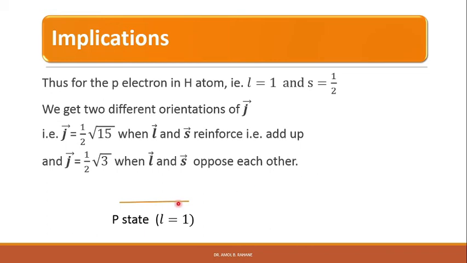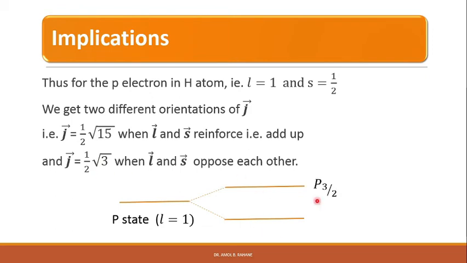So let us consider this is the p state, L is equal to 1, and now we are getting two different orientations of the J vector. These two orientations correspond to two different energy levels, which are shown like this.